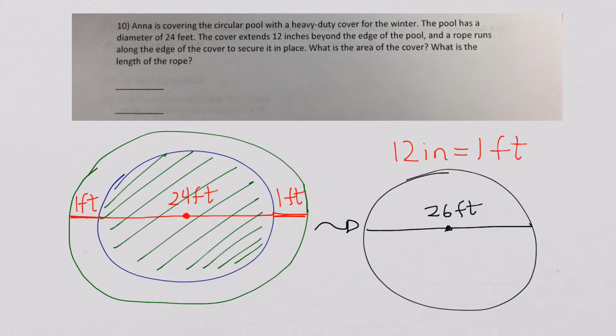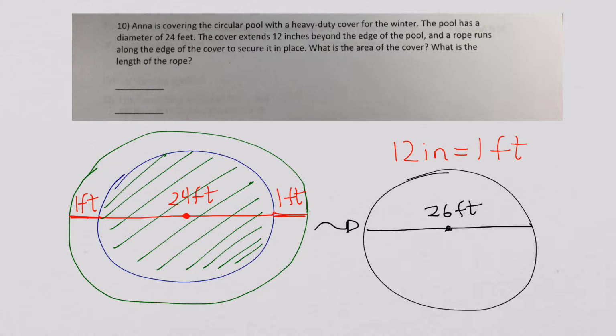If we want to find the area of the cover, which is what it asks for here in the first question, we're going to go back and solve it like we did any other circle. So let me erase this, okay? Or actually, that's fine. We have 26 feet as our diameter.